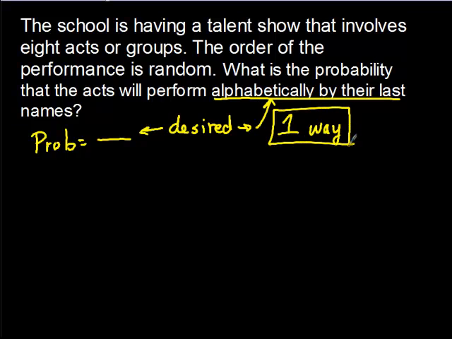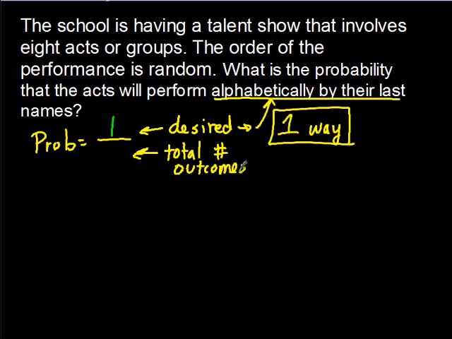It's not like there's multiple ways to put people in alphabetical order by their last names. There's only one. So we know for this probability, it is going to be 1 over something else. We just need to find out what that something else is. This is the total number of outcomes, in case you forgot from the last problem.